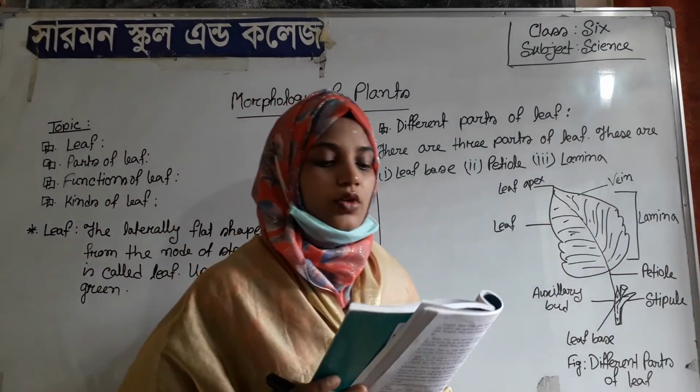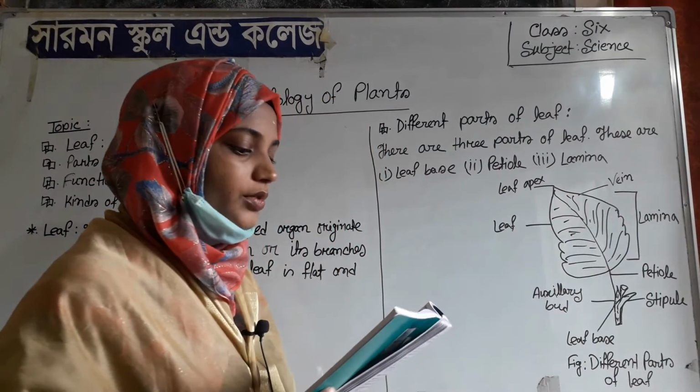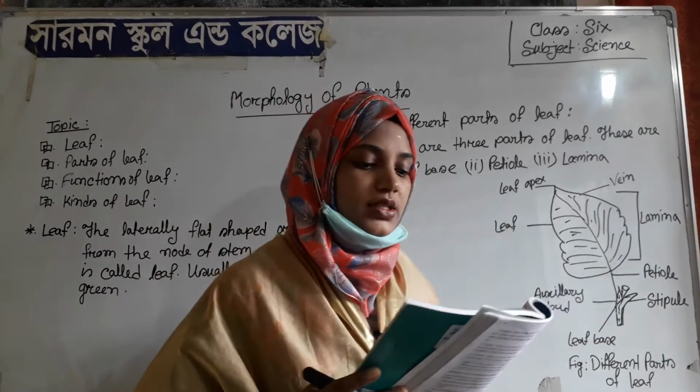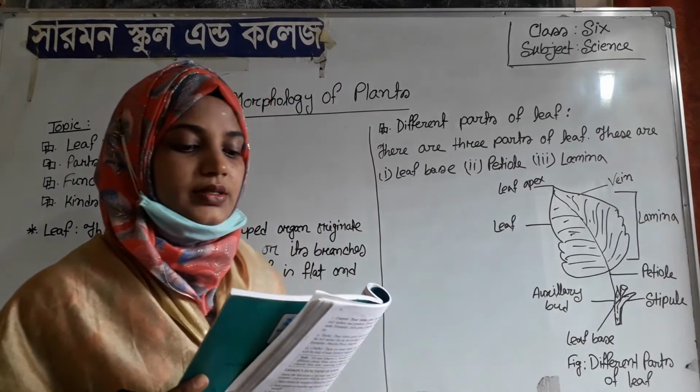Now leaf base. What is leaf base? This part of the leaf is attached to the stem or the branch.